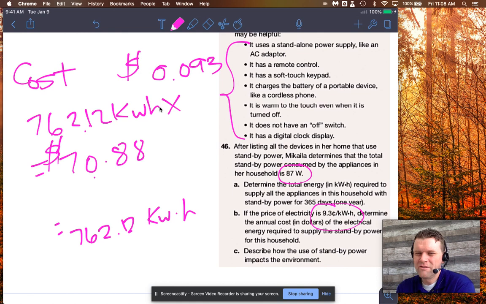Okay. So, $70, that's not zero. If you are attentive to that, you could actually save yourself a decent chunk of money by reducing your standby power if you can. Okay. But overall, here's the issue, and that's part C. The standby power is actually adding to the demand for electricity, which is also adding to the demand to produce it.